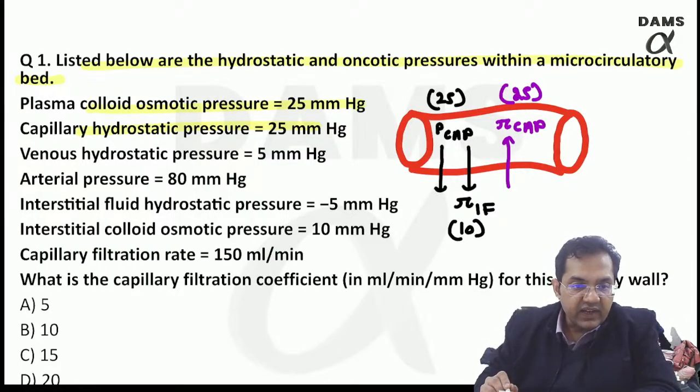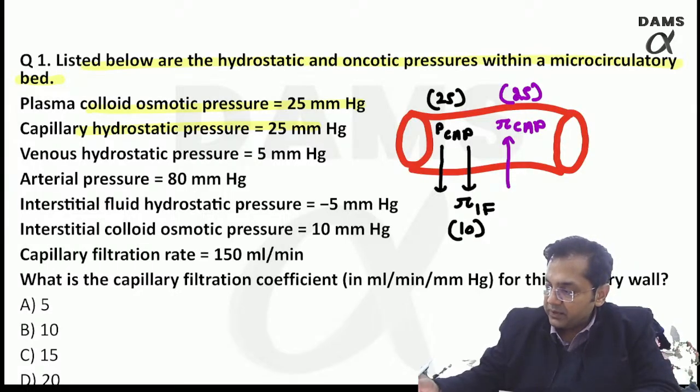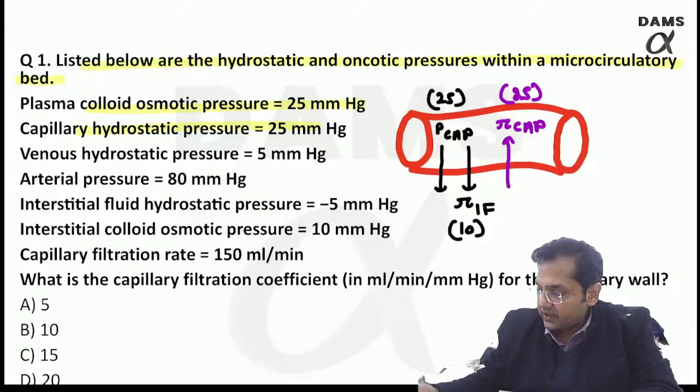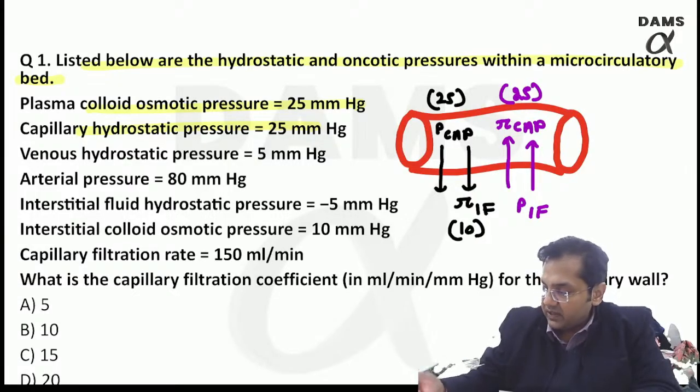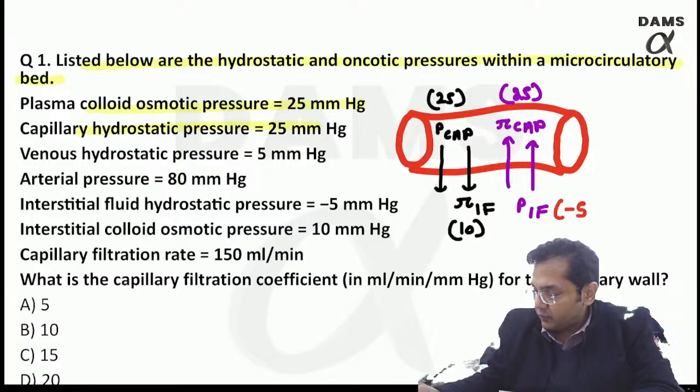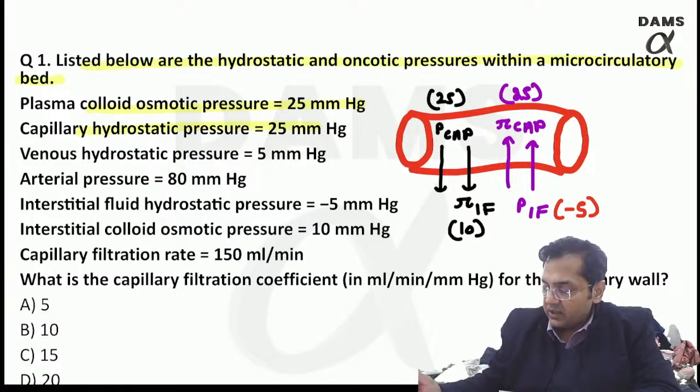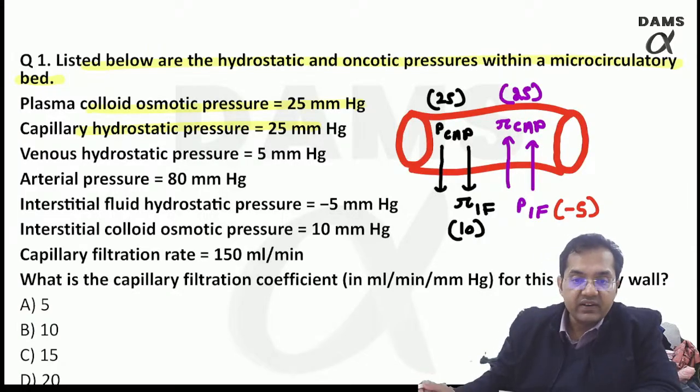Then I have given you the interstitial fluid hydrostatic pressure. This is very interesting. Normally, remember, this is written as PIF, but the problem is here I have given you the value -5. Now -5 means it is actually not pushing the fluid back in, but rather it is acting in the reverse direction.